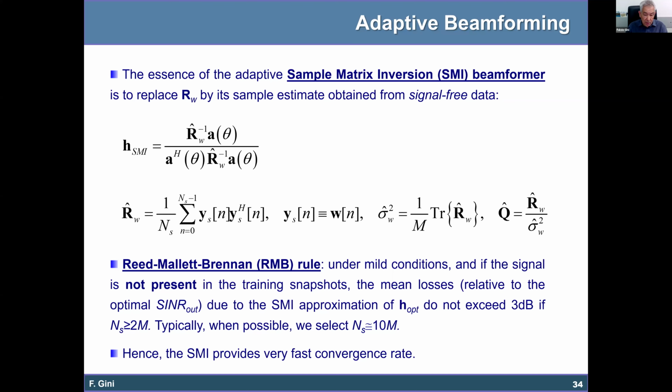And this rule that says that if N_S is greater than 2M, the loss is lower than 3 dB, is also called the RMB rule. It's actually an optimistic rule, but it's very frequently adopted in adaptive radar.